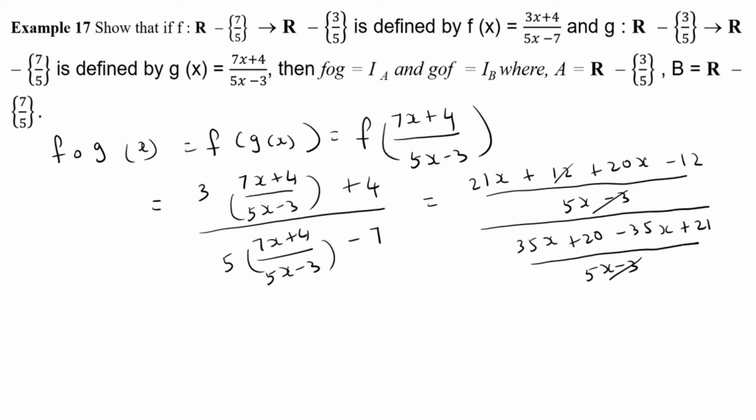So these two will go, plus 12 minus 12, 35x minus 35x will cancel.